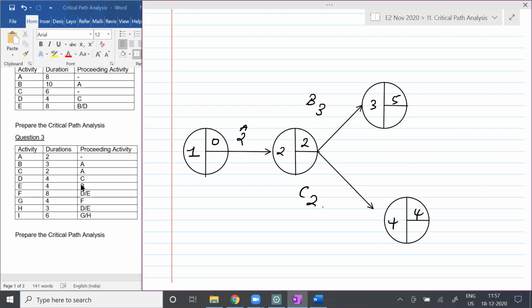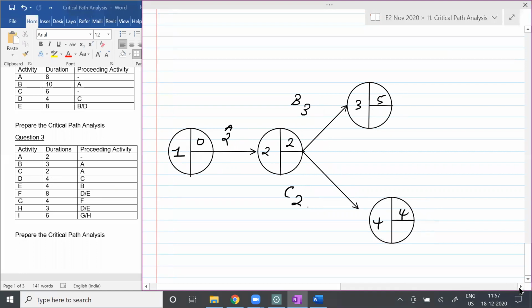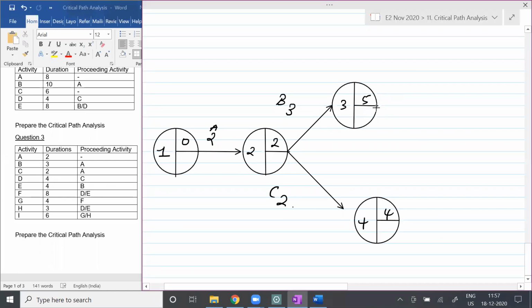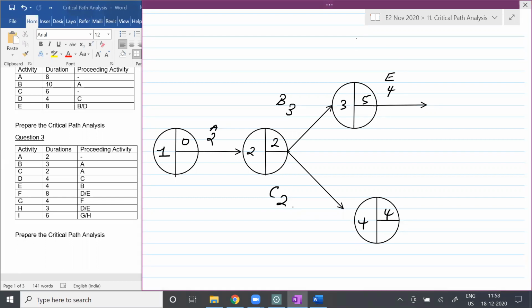If you want to start D, you have to complete what, students? C. And if you want to start E, you should have completed what, students? B. So can I work out with that? Agree? If B is completed, you can go ahead with E. Agree, no, students? Which is 4 days.